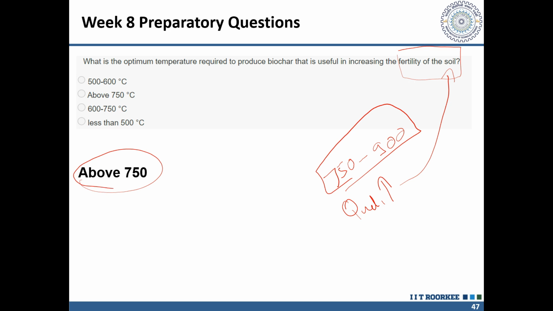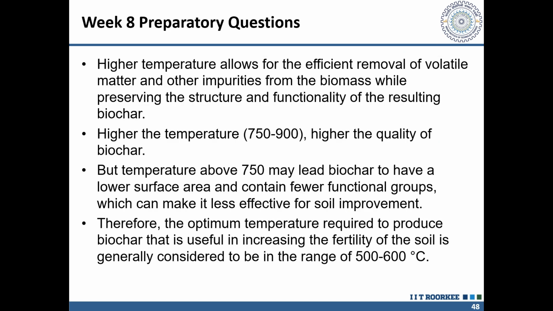But sometimes this high temperature also makes some chemical changes in the biochar, and it might not be useful. So 500 to 600 degrees Celsius is also used. Higher temperature allows for the efficient removal of volatile matter and other impurities from the biomass while preserving the structure.